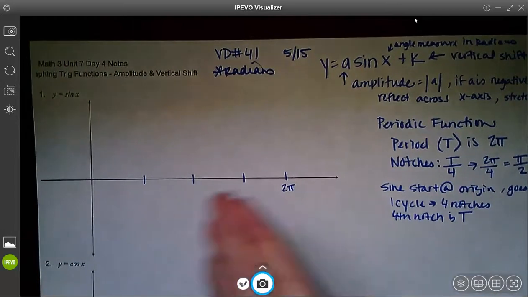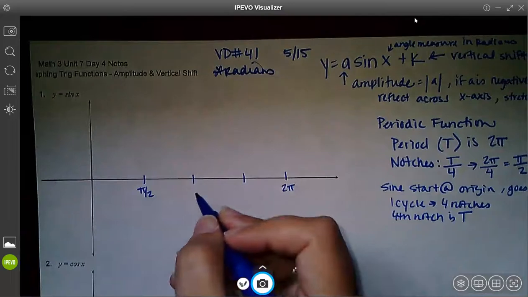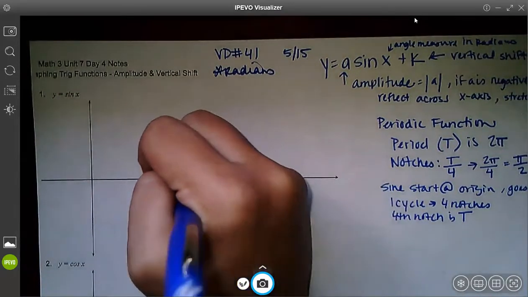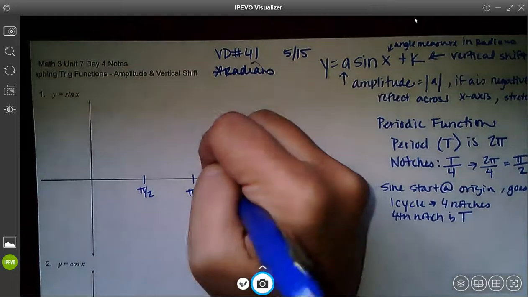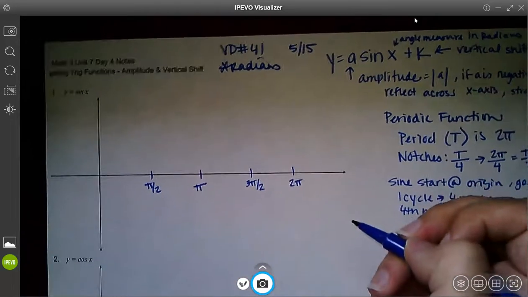And then your period divided by 4 is how you get your other notches. So we have pi over 2. We're going up by pi over 2 each time. So 1 pi over 2, 2 pi over 2, which is pi, 3 pi over 2, which doesn't simplify, and 4 pi over 2, which is 2 pi.